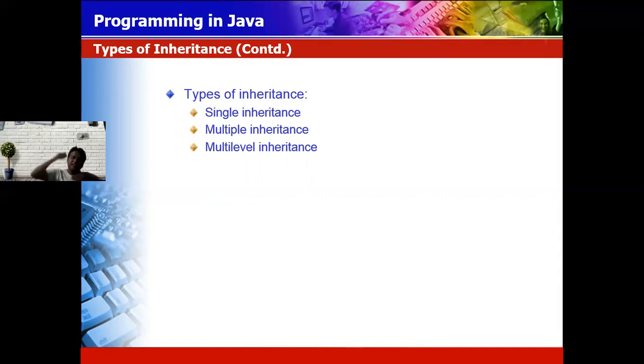Single inheritance means the class derives the set of attributes from one parent class and adds its new functionality. Java doesn't support multiple inheritance. Java supports single inheritance and multi-level inheritance. What is multi-level? In multi-level inheritance, every time the subclass becomes a parent class.